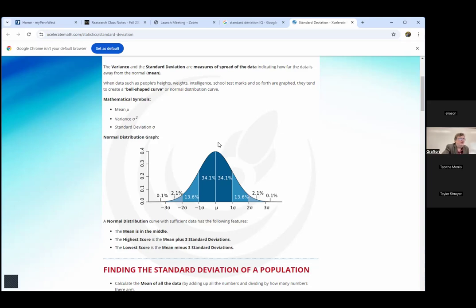So if we look at positives, we can see that this dark blue is one standard deviation away from the mean or 100. So one standard deviation on this 100-point range would be 34.1%. When we look at 13.6, that's two standard deviations.